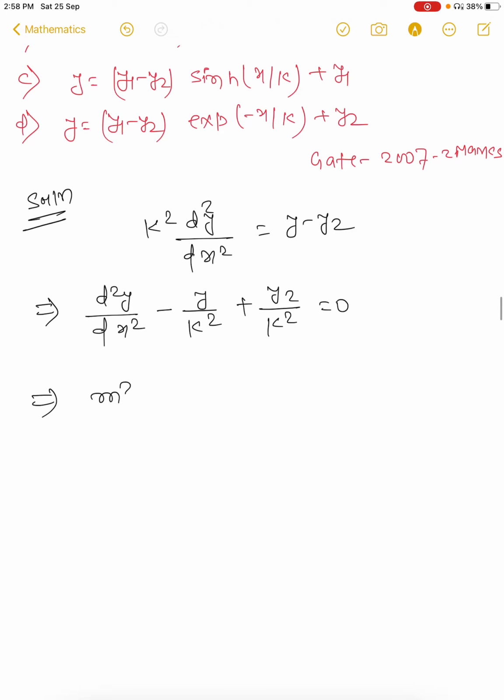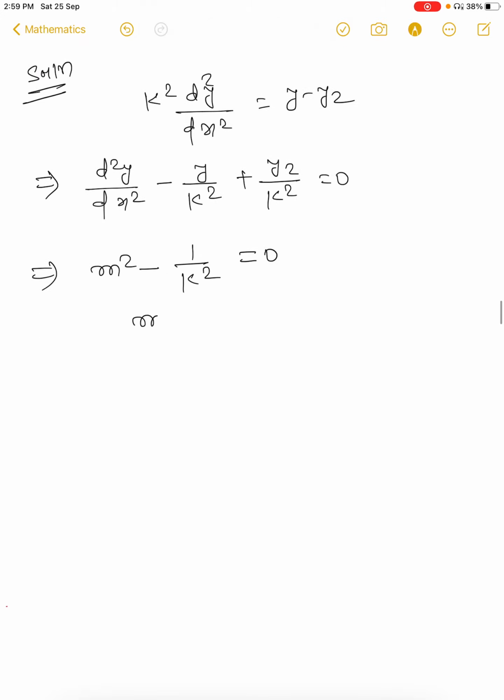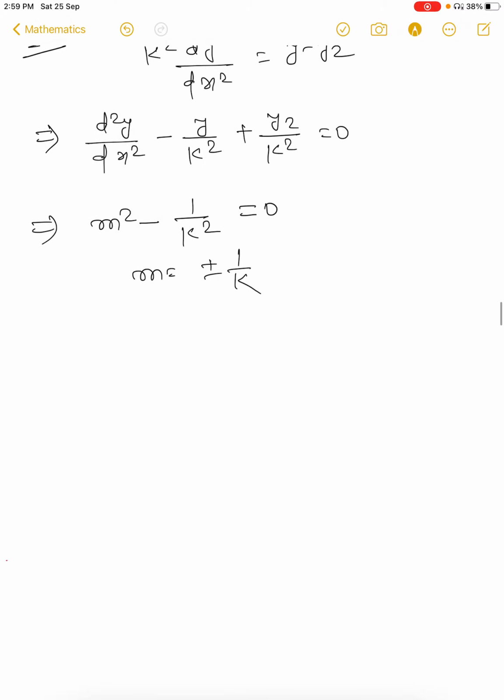Then the auxiliary equation is m square minus 1 by k square equal to 0. So m is equal to plus minus 1 by k.